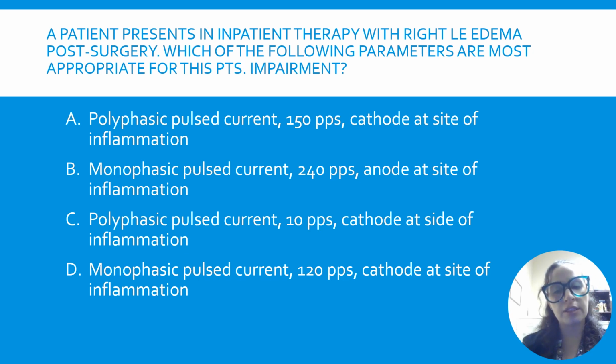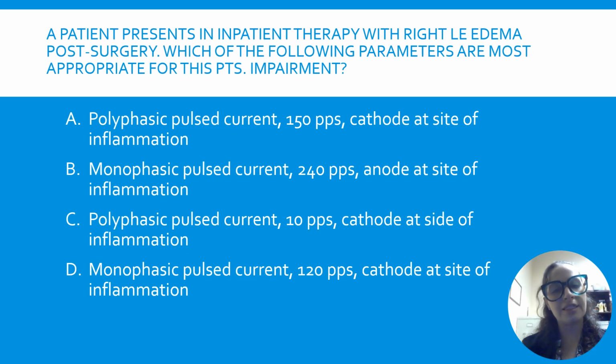Gives me a frequency of 240 pps in B and 120 pps in D. Depends if you know this parameter. I know it's 120, so I already know it's D, right? But if you're not sure, oh, I don't remember that number, was it 140, was it 240, then go to the next part, anode or cathode, okay?